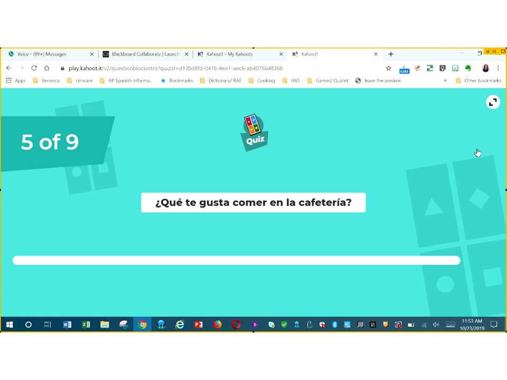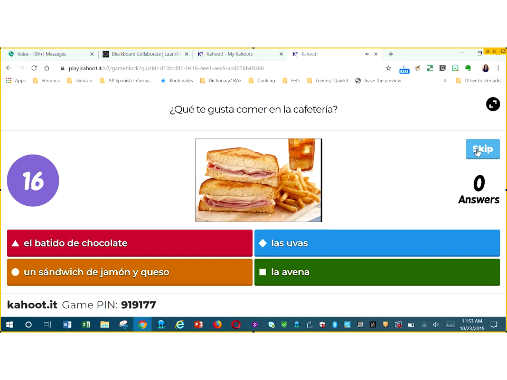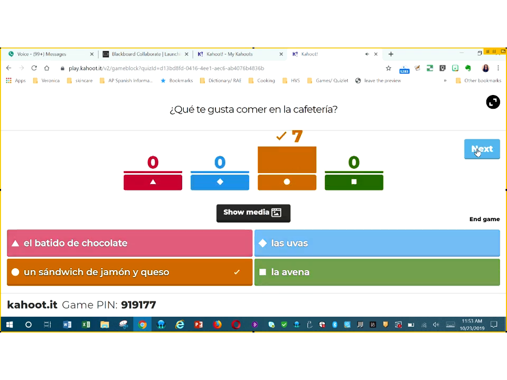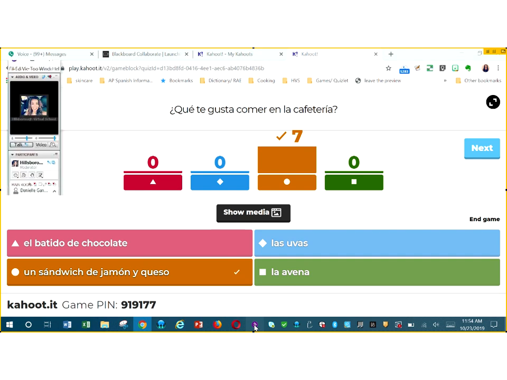All right. Next we have question number 5. ¿Qué te gusta comer en la cafetería? El batido de chocolate, un sándwich de jamón y queso, las uvas o la avena. So, we already learned about batido, shake, de chocolate. Chocolate is a cognate. What is chocolate?